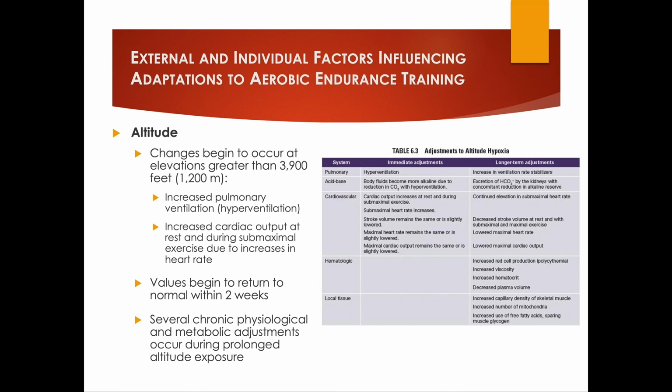Just because the bottom says increased capillary density, increased number of mitochondria, a lot of that is not necessarily a training adaptation so much as you're getting more of those parts of the cell, the mitochondria and all that.